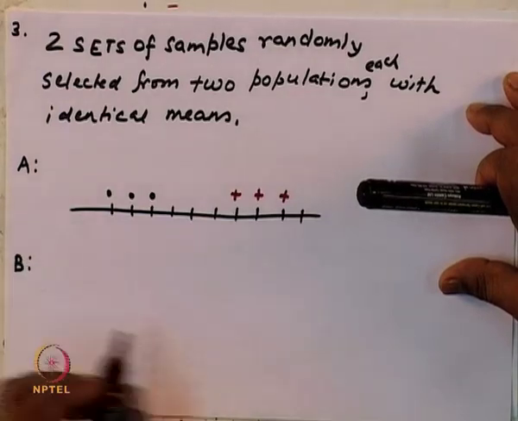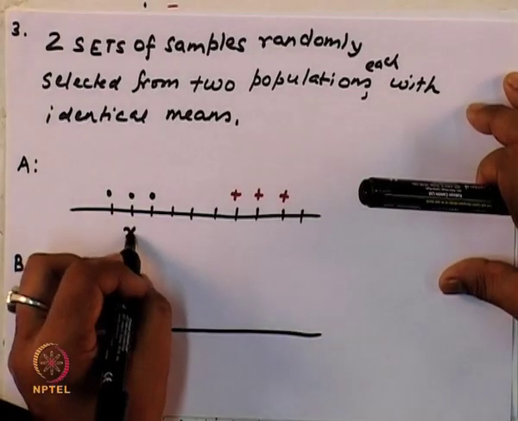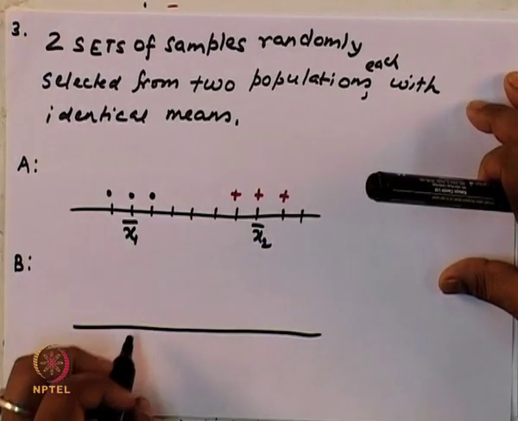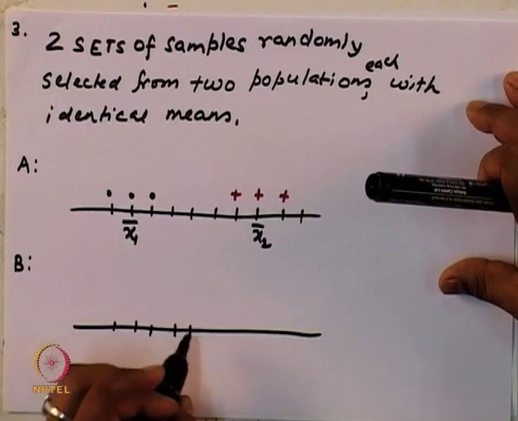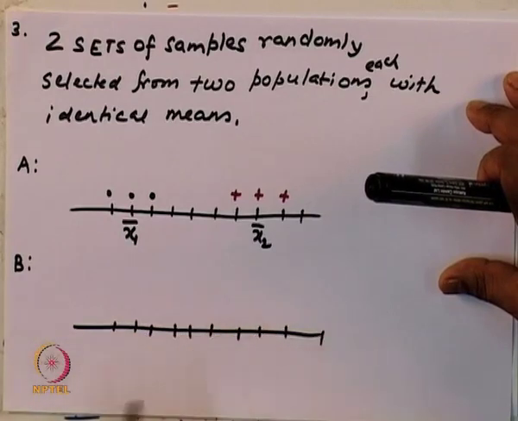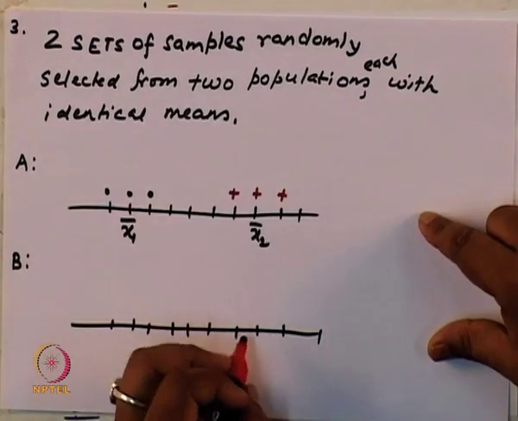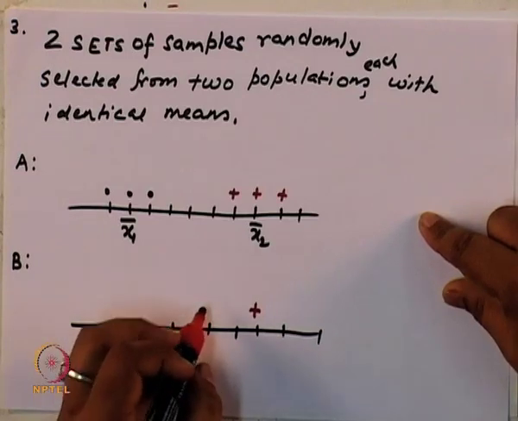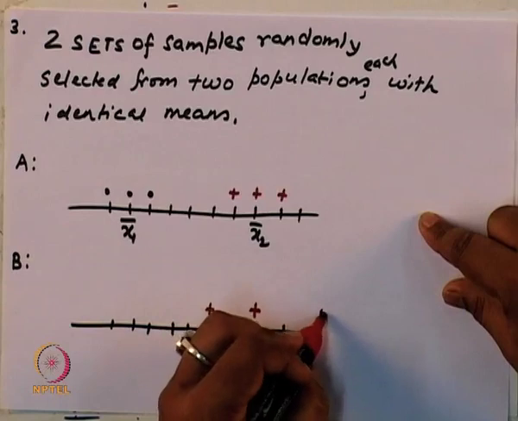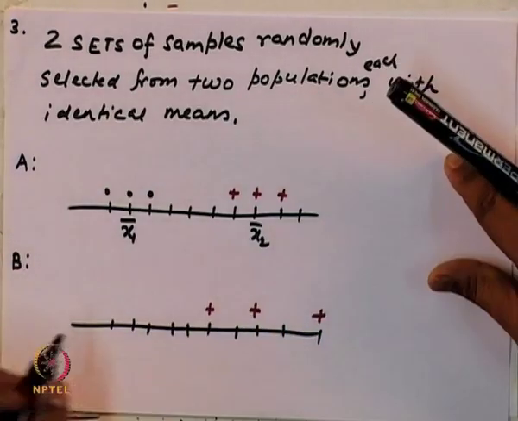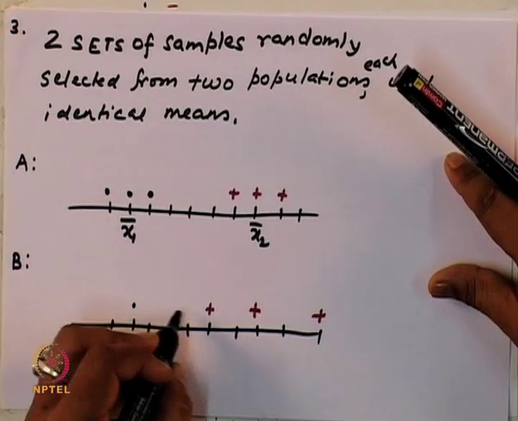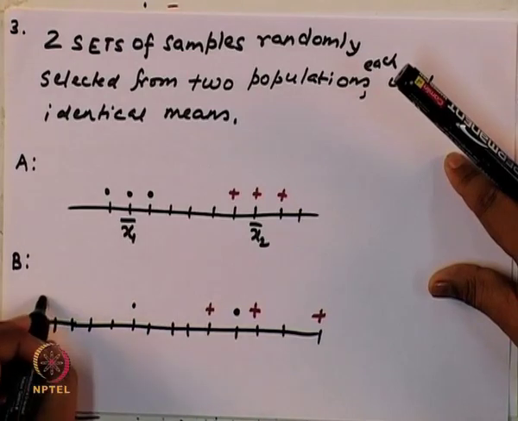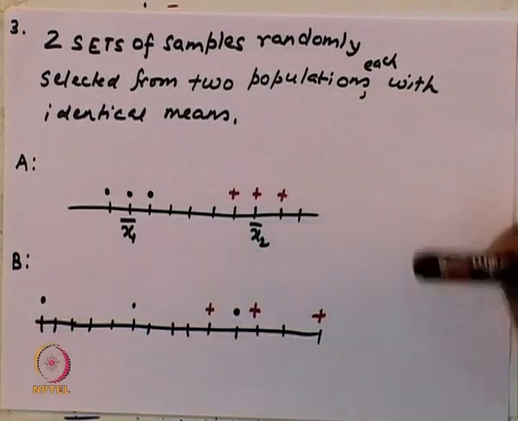Imagine the other scenario. So, this is your x1 bar and this is your x2 bar. In the other case, let us say you have one population here, and the other one here. So, these are your two situations.